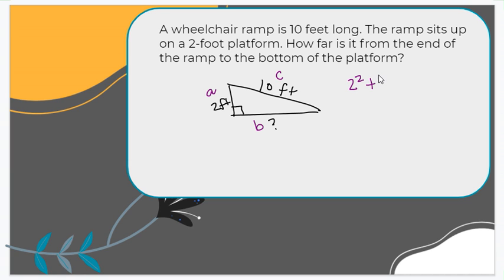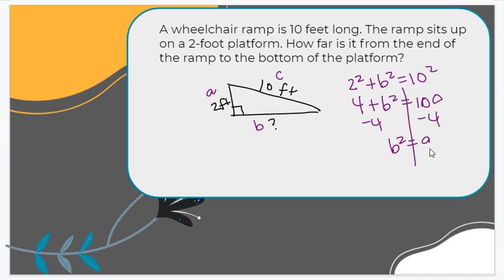So we want to do 2 squared plus B squared equals 10 squared. That's 4 plus B squared equals 100. Subtract 4, so B squared equals 96. So B equals the square root of 96. We want to simplify that in our calculator.